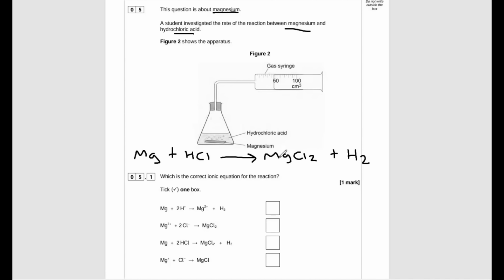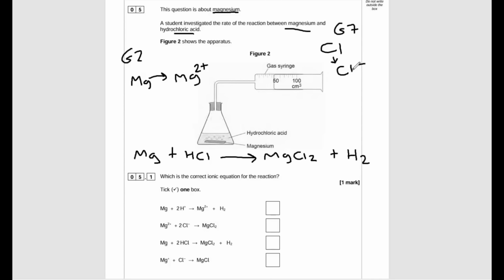You might be asking how do I know that it's MgCl2 and not just MgCl, or why isn't it MgCl3? Well, magnesium is in group 2 of the periodic table. This tells me that when magnesium reacts, it becomes a 2+ ion because it loses 2 electrons in its outer shell. Chlorine is in group 7, so when chlorine reacts it becomes a 1- ion.